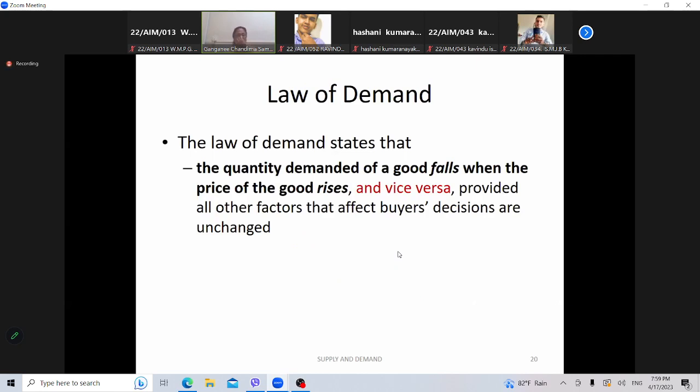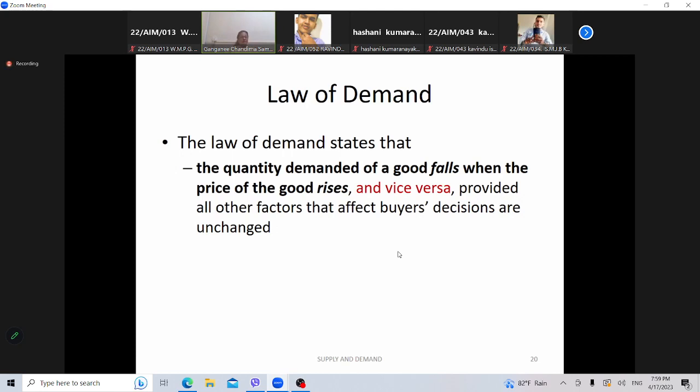So that's why the law of demand says the quantity demanded of a good falls when the price of the good rises, and vice versa. That means when the price of a good rises, the quantity demanded falls, or quantity demanded rises when the price falls. Accordingly, we can draw the curve.